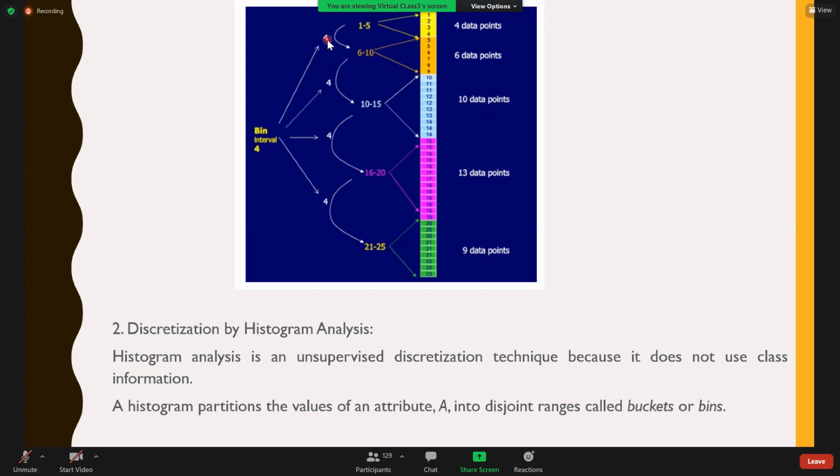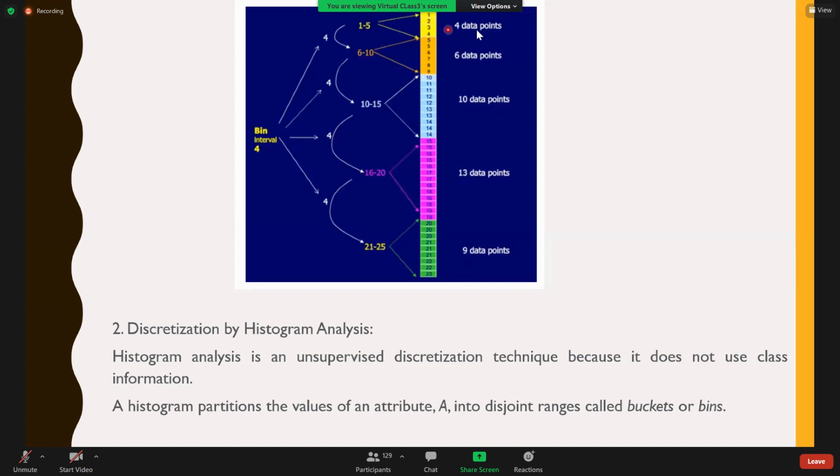So 1 plus 4, 5, so 1 to 5 will be one bin. Next, 6 plus 4, 10, so 6 to 10 will be another bin. Then 10 to 15, 16 to 20, 21 to 25.